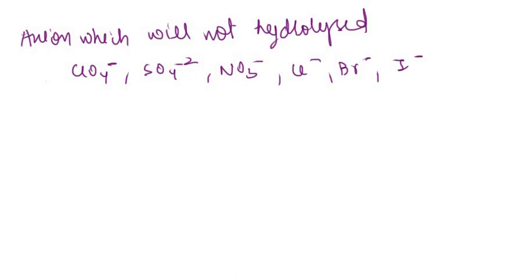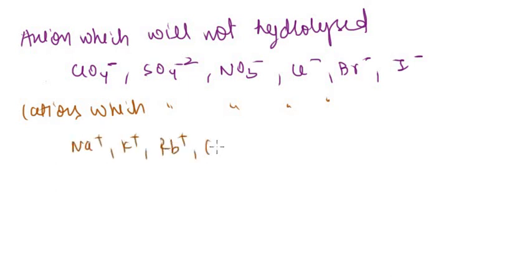Now, which cations will not be hydrolyzed? Cations like Na plus, Cs plus, Mg plus 2, Ca plus 2, Ba plus 2.